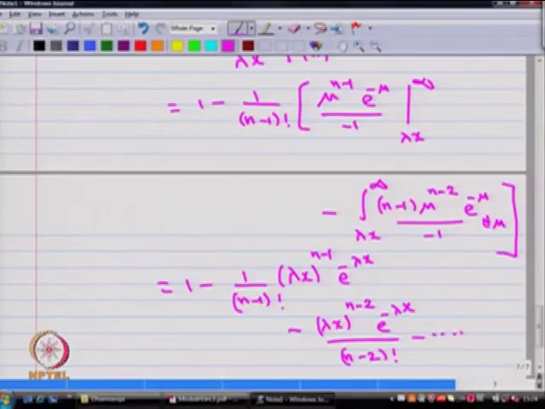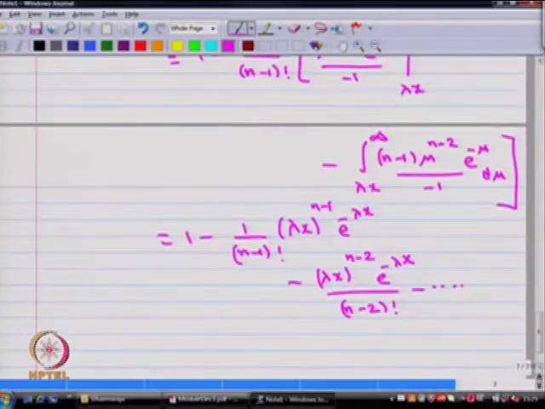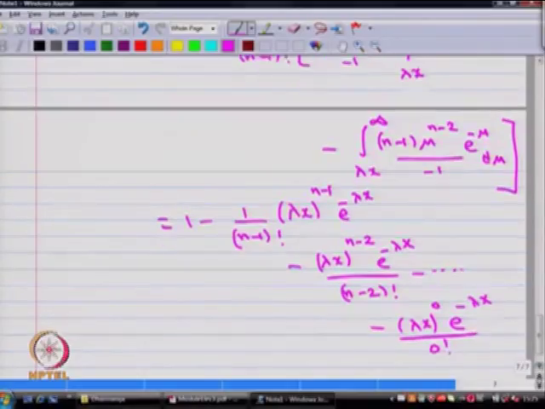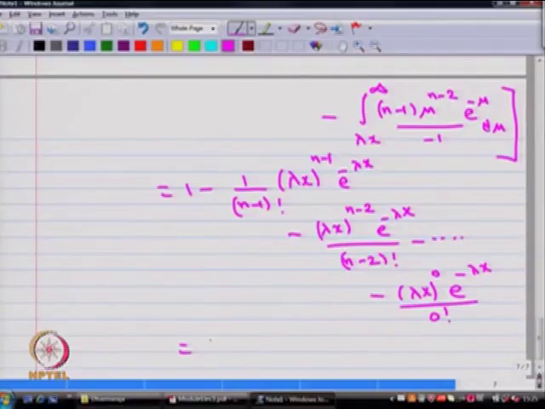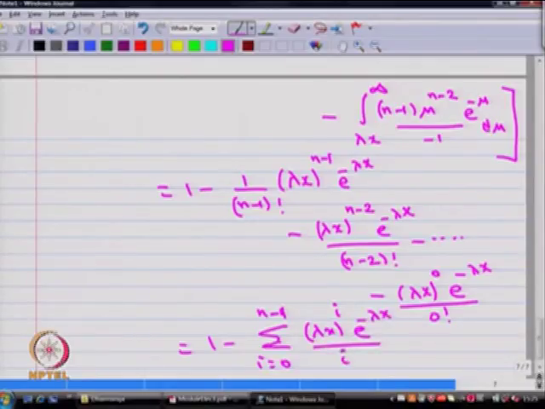Similarly for the other terms. By doing integration by parts again and again, the last term you will get is minus (lambda x) power 0 e power minus lambda x by 0 factorial. This you can write in the form 1 minus summation i equal to 0 to n minus 1 of (lambda x) power i e power minus lambda x by i factorial.